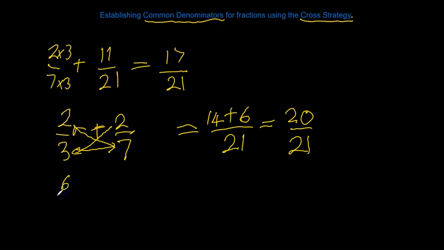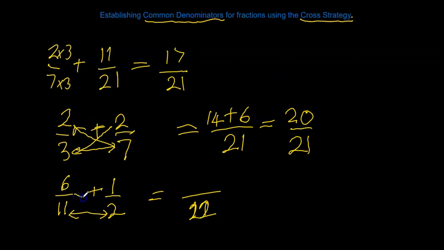All right, let's do another one. So we got 6 over 11 plus half, right? So we look at 11 and 2. We don't see any relationship in terms of multiple or factor. So the only thing we can do is try and use the cross strategy to establish the denominator. So we make our first move. That is 22. 11 times 2, 22, right?